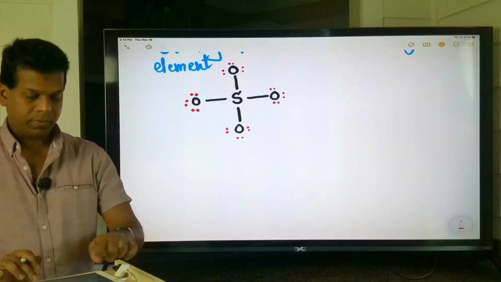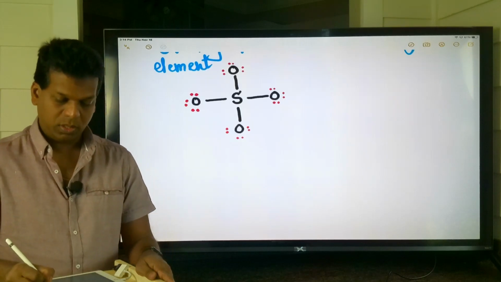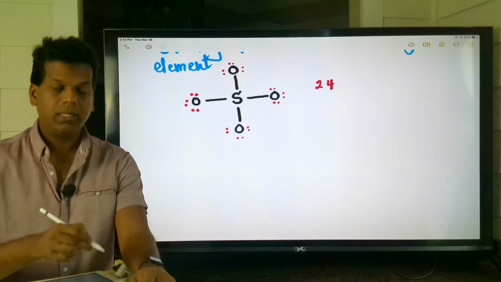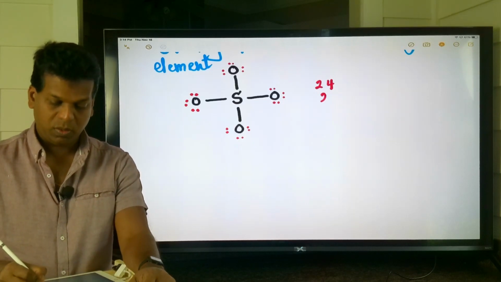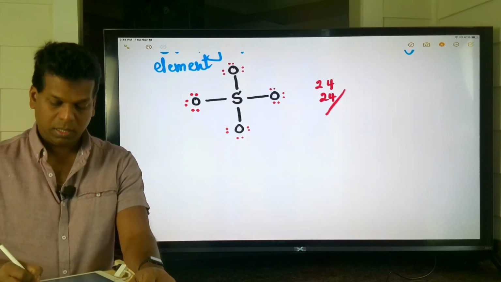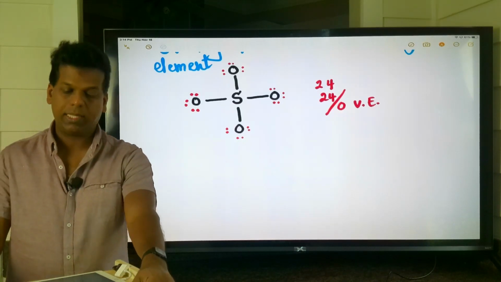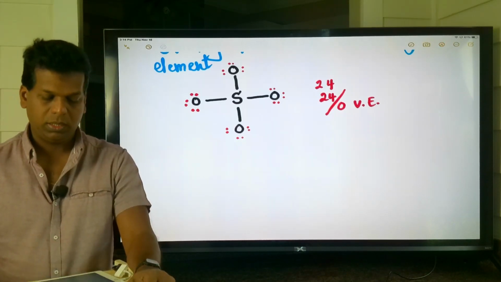So now we had 24 electrons left. Out of those 24, I placed all 24 on the oxygens. Now I have nothing left, so 0 valence electrons. But we are not done here yet.